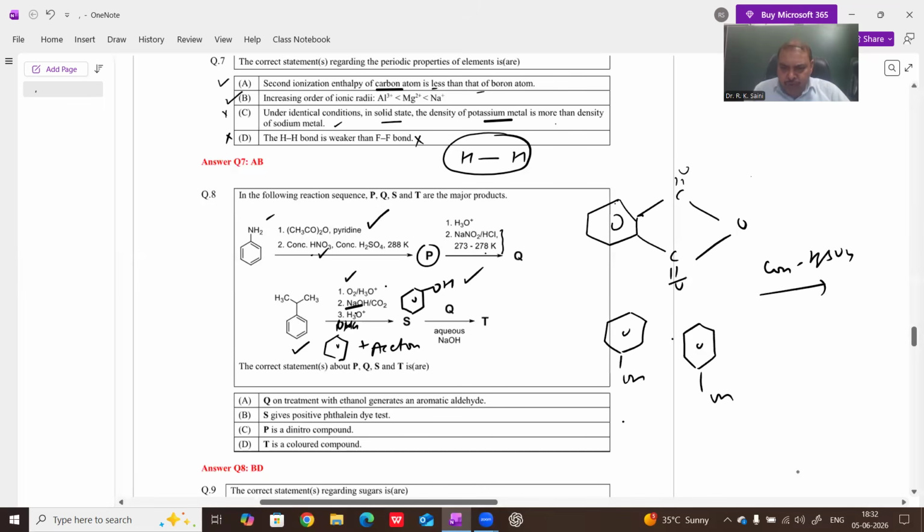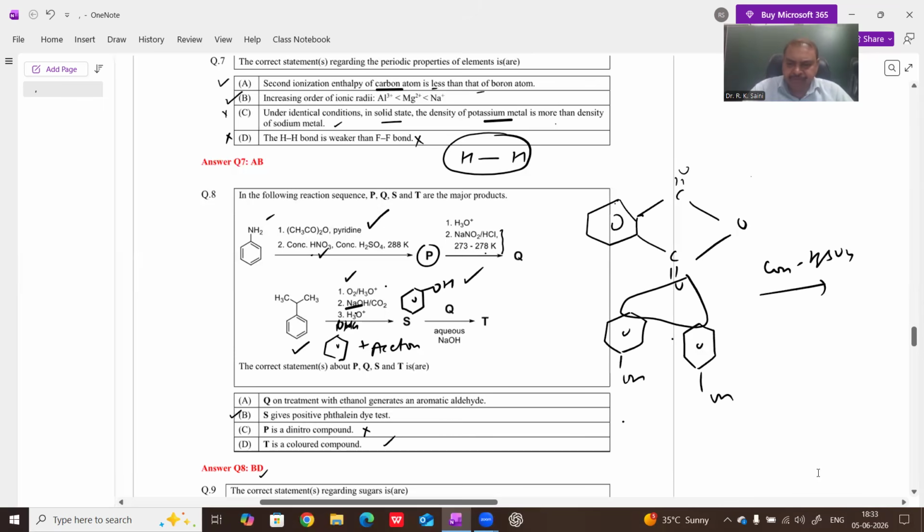Then a water molecule is removed from the para position H and O of phthalic anhydride, and the product is known as phenolphthalein. It is an indicator and it gives pink color in basic medium, and this option is also correct. T is a dinitro compound, incorrect because it contains only one. T is a colorful compound, yes, and hence options B and D are correct.